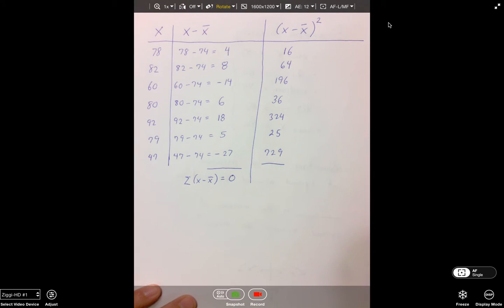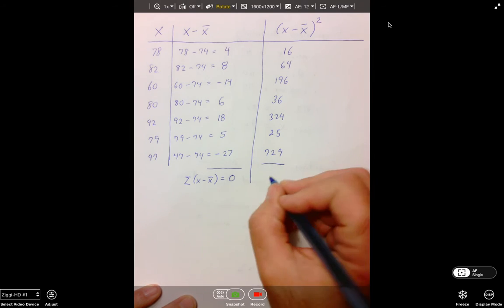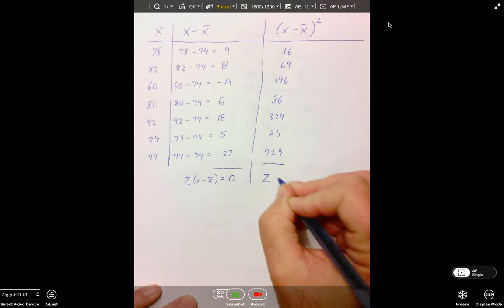Okay, now let's add those numbers up. So 16, I'm going to do this on my calculator to save time. That's 1,390.